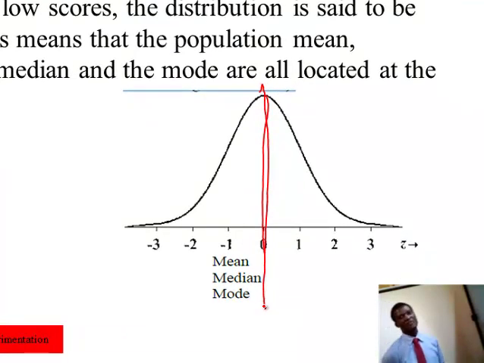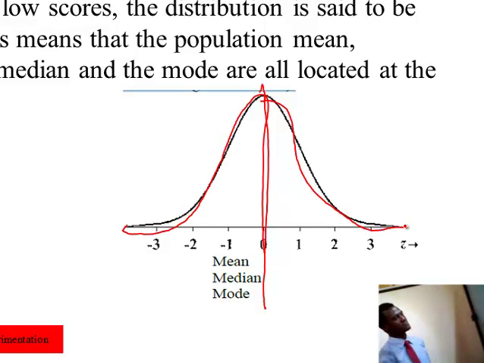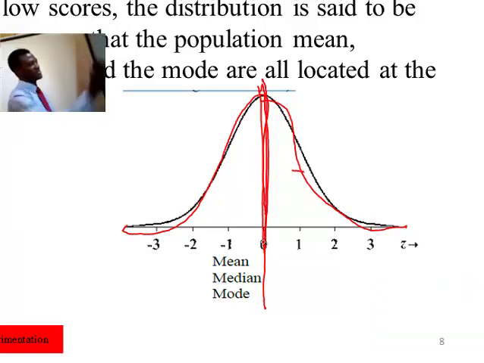This can be represented symmetrically, just as we have here, by a bell-shaped curve in which the curve can be divided into two equal halves. One half is the mirror of the other. That is, all we have on the left-hand side is equally replicated on the right-hand side.